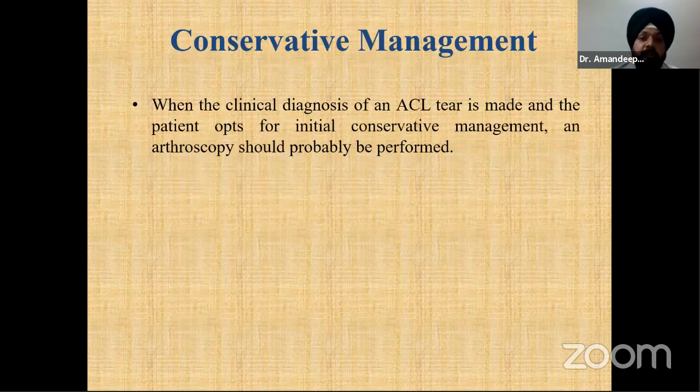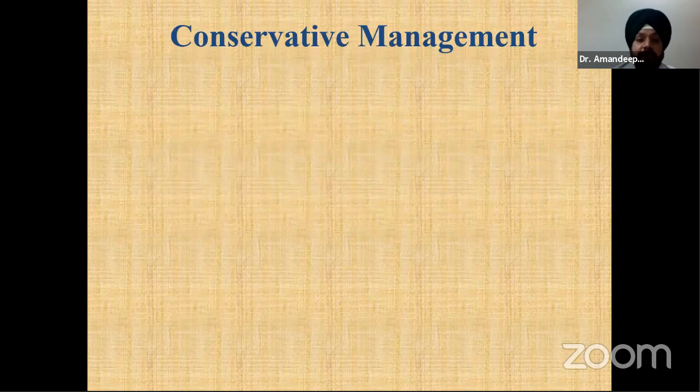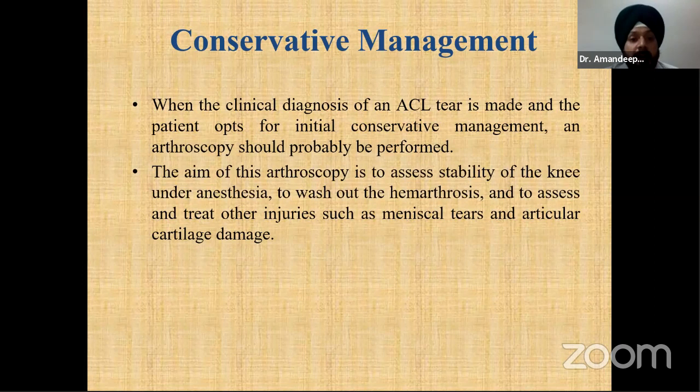When the clinical diagnosis of ACL tear is made and the patient opts for it, an arthroscopy should be performed just to assess the associated injury and to wash out any hemarthrosis, then assess and treat other injuries such as meniscal tear. I've already told you that meniscal tear, collateral ligament, articular damage is very commonly affected with the injury to the ACL.